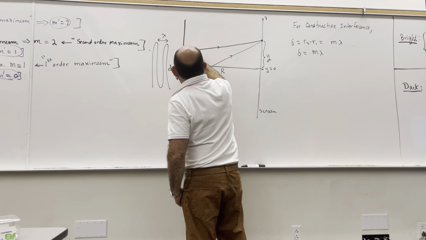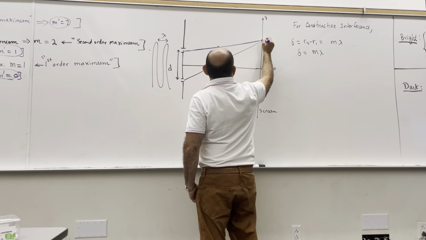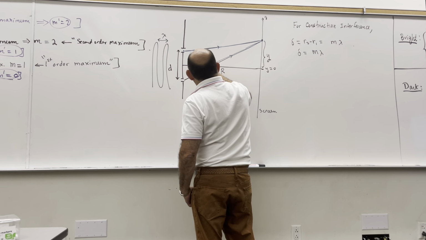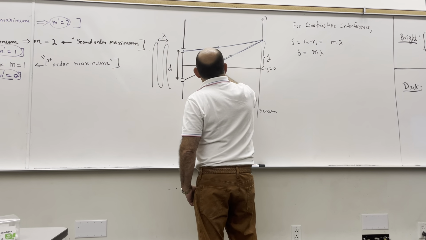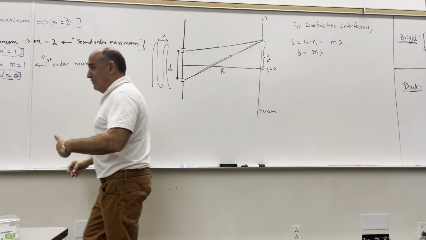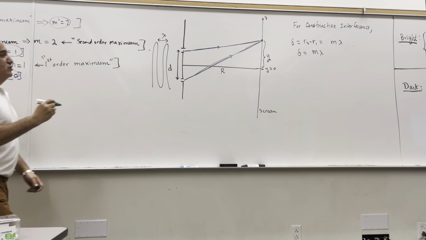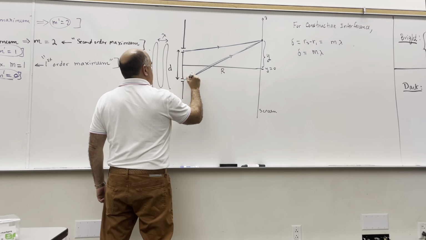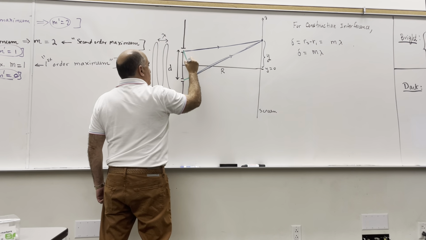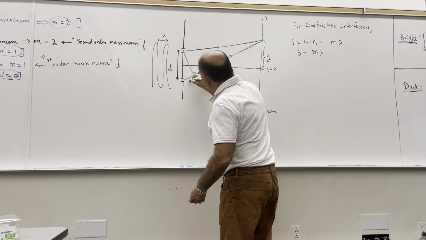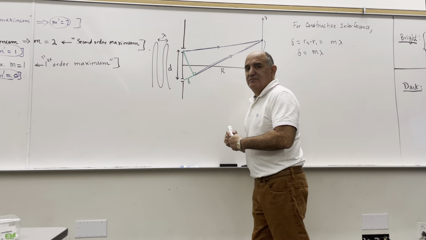If I draw a line like this, and suppose that distance is the same as this distance, then the extra distance that one wave travels relative to the other one is going to be this. And I'll say this is roughly 90 degrees. So delta is going to be this piece over here.